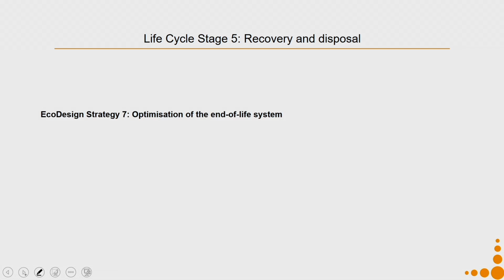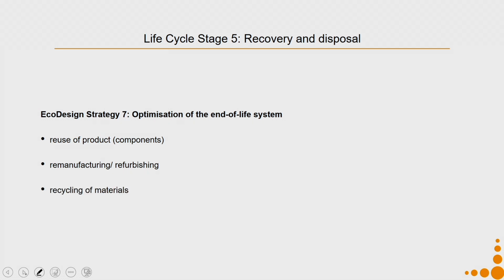So, what are the strategies that we can use? I have to do optimization of the end of life system. How do I do it? I can design it so that I can reuse either the whole product or some components of it. Say for example, companies always have a buyback for mobile phones or many other electronic components.